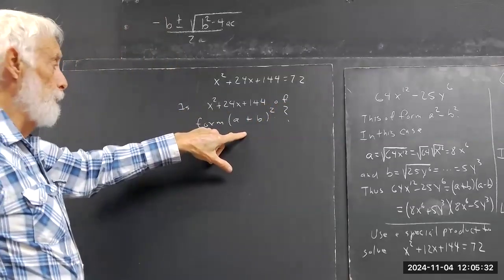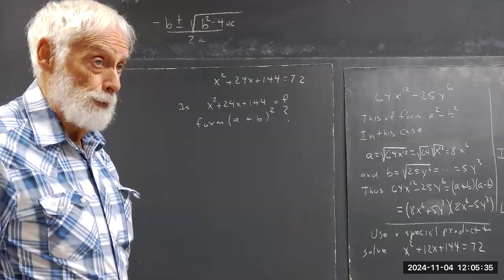Okay, now if this is in the form a plus b squared, then it's very easy to solve this equation.